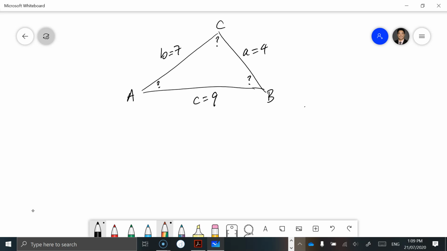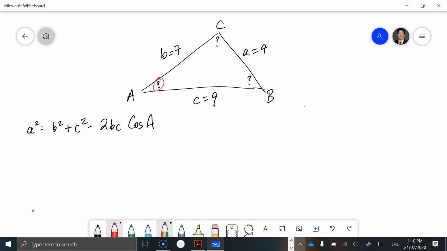So let's work out one. a squared is equal to b squared plus c squared minus 2bc cosine A. The aim is to work out what this angle is first.